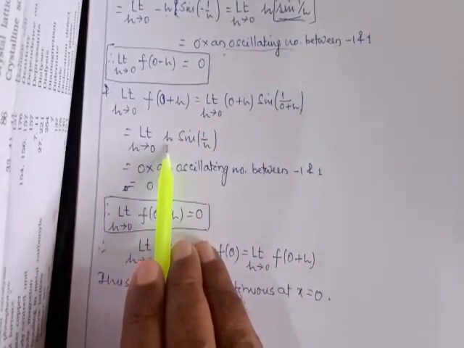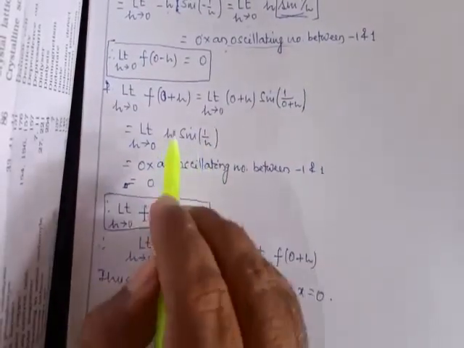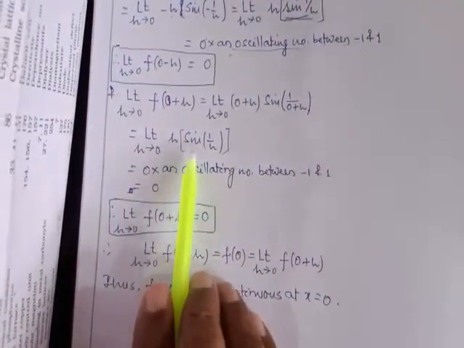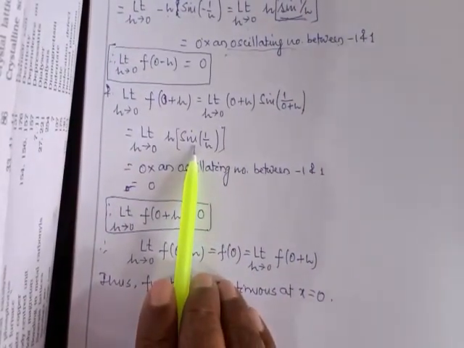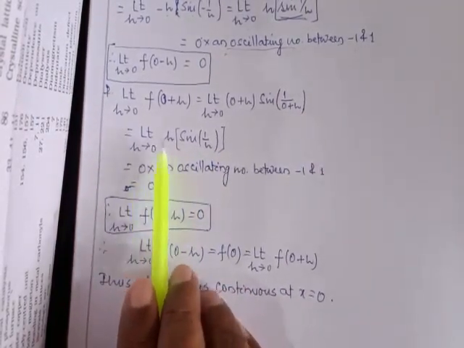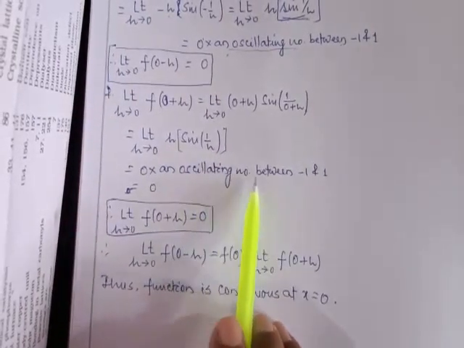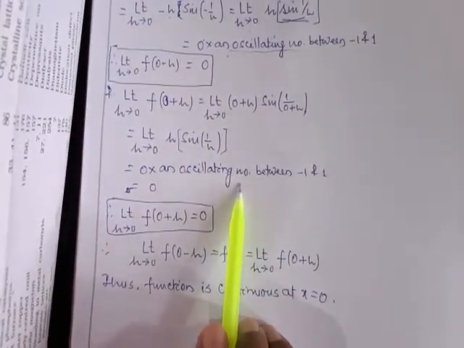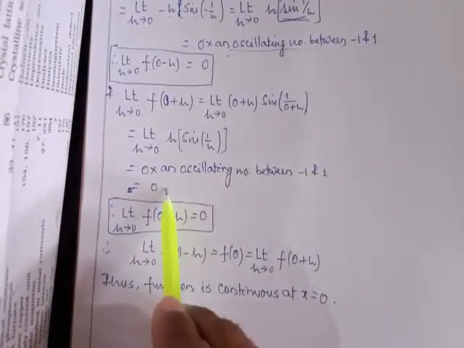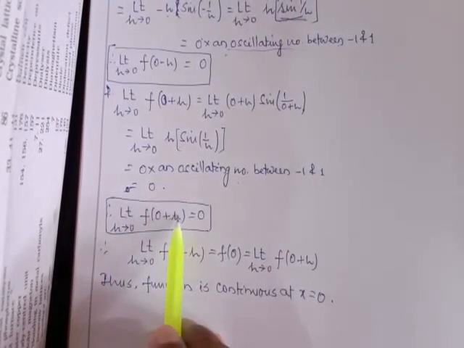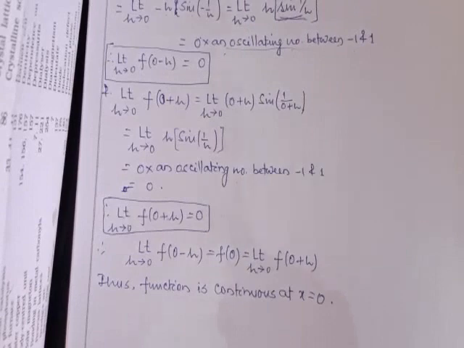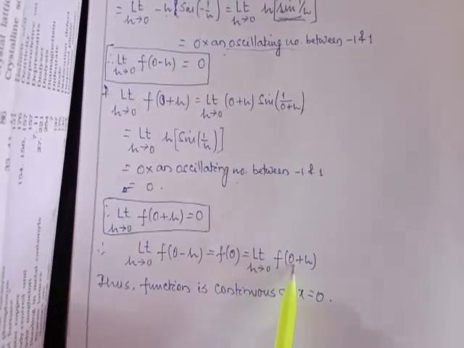Here we again come at sine 1 by h. Its value lies between, like previously, minus 1 and 1. So applying limit, 0 into an oscillating number between minus 1 and 1, it again becomes 0, so right hand limit is also 0. Thus we can say that all the three values are equal, hence the function is continuous at x equal to 0.